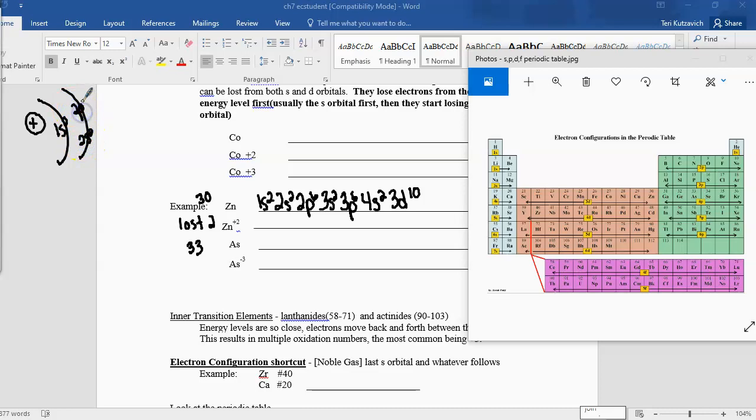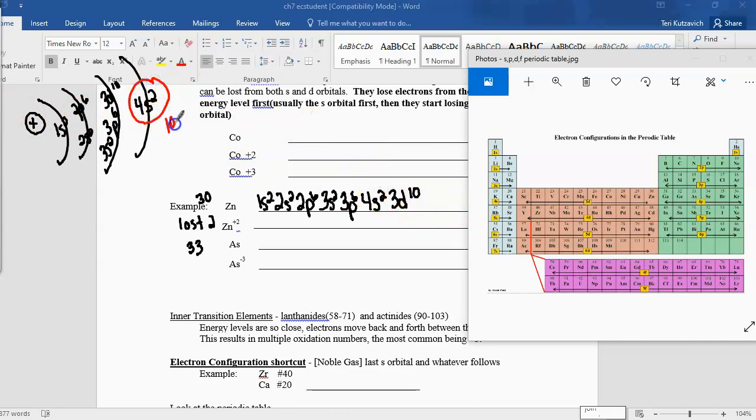So if we would do the Bohr diagram for this, we have our 1s2, our 2s2, our 2p6, then we have our 3s2, our 3p6, our 3d10, and then we have our 4s2. So even though 4s2 is written before 3d10, it's actually in the outermost energy level, so that's the electrons that we have to lose first.